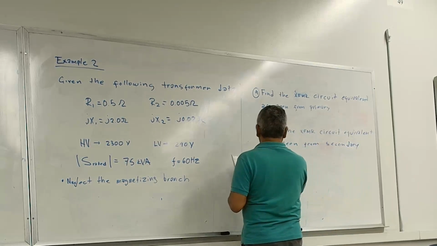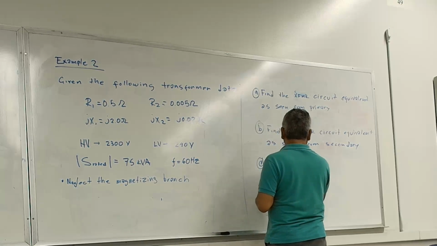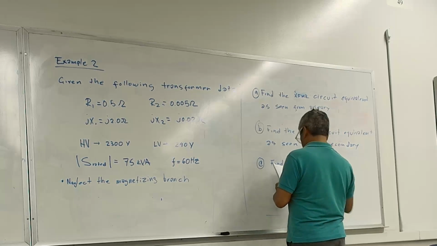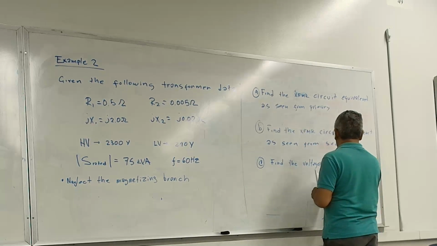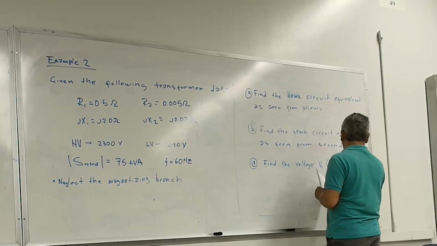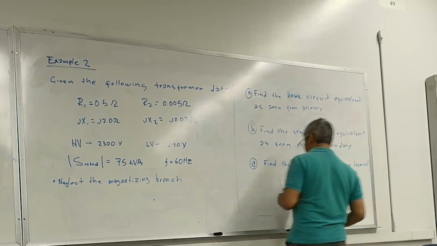And then C: find the voltage V1, and this is transformer terminals, primary terminals.